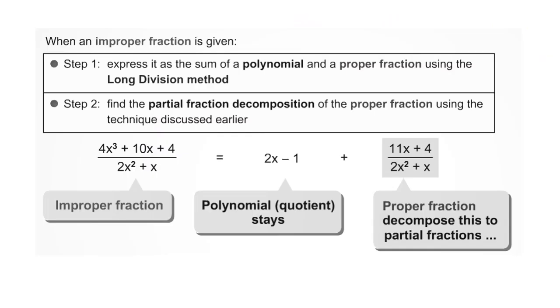We should congratulate ourselves. We finally come to the last part of partial fractions, and that is what happens if you're given an improper fraction. If you're given improper fractions, can we still apply what we have learned so far? The answer is yes, but before you apply it, if you are given an improper fraction, you have to do something very, very important.